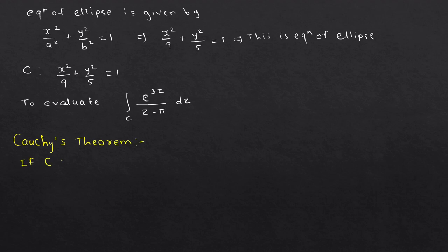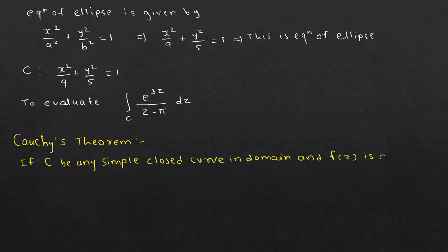If C be any simple closed curve in a domain and f of z is analytic inside and on C, then the integration of f of z dz over C is equal to 0. Right? This is Cauchy's theorem.